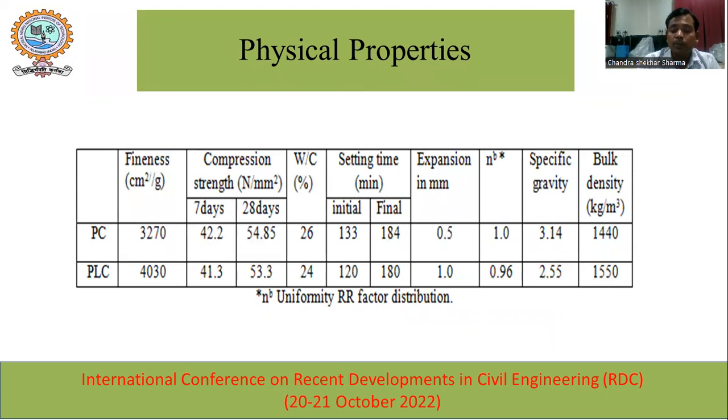Mostly the physical properties of PC and PLC are nearly similar, but the specific gravity and fineness of PLC are different. The specific gravity of PLC is less than PC, and the fineness of PLC is higher than PC.